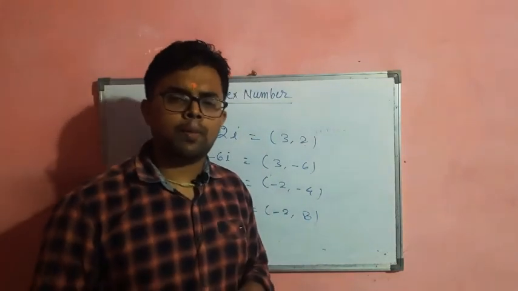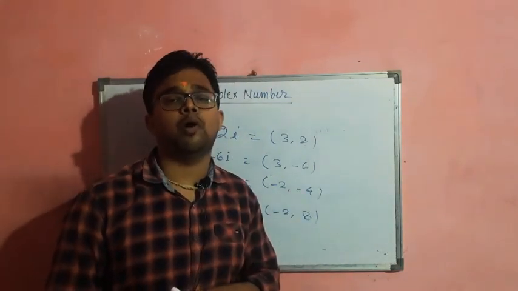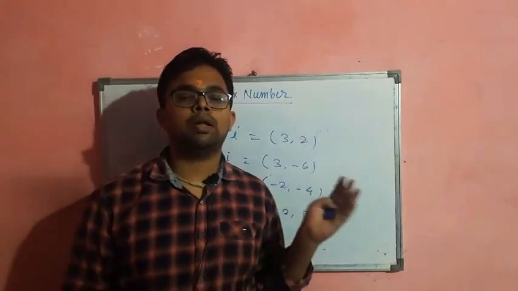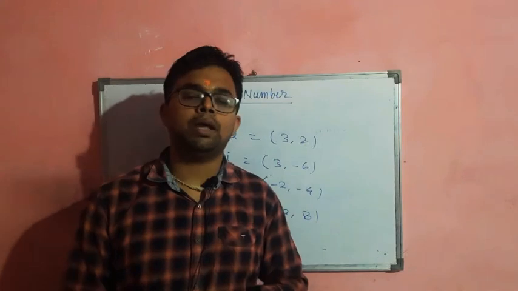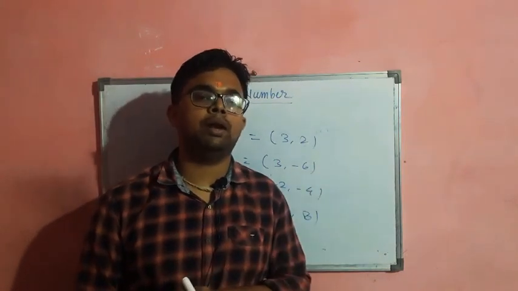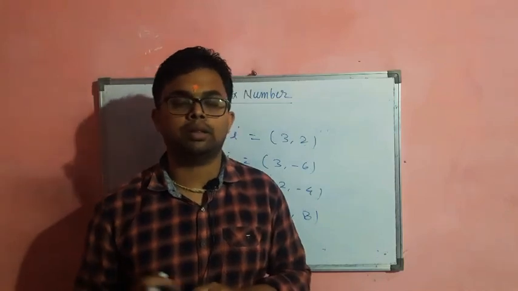Why am I telling you about the ordered pair? The ordered pair is very important, because when I take this complex number into the complex plane, you will use this ordered pair to find the distance of the complex number from the x-axis and y-axis.